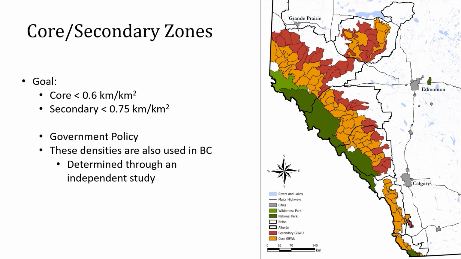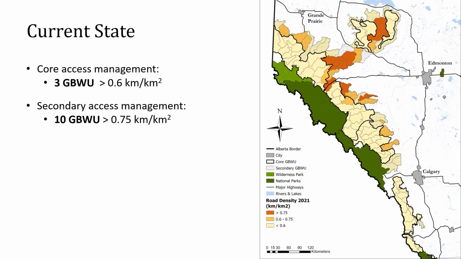And interestingly enough, and important to note, these densities are also used in BC, so most of Western Canada, because BC determined these exact same thresholds through an independent study. Looking at the current state of roads in Alberta, we can see that we are actually doing fairly well in this.